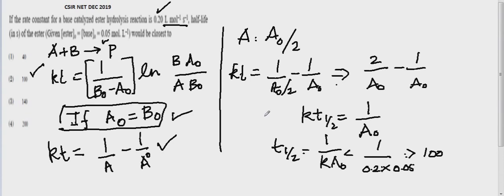From the question we understood that the concentration of A naught is equal to B naught. If that is the case, we can use this rate expression for the second order reaction. We substituted A is equal to half of A naught because it's the half-life time period. At the end we substituted the values, and we got the answer.